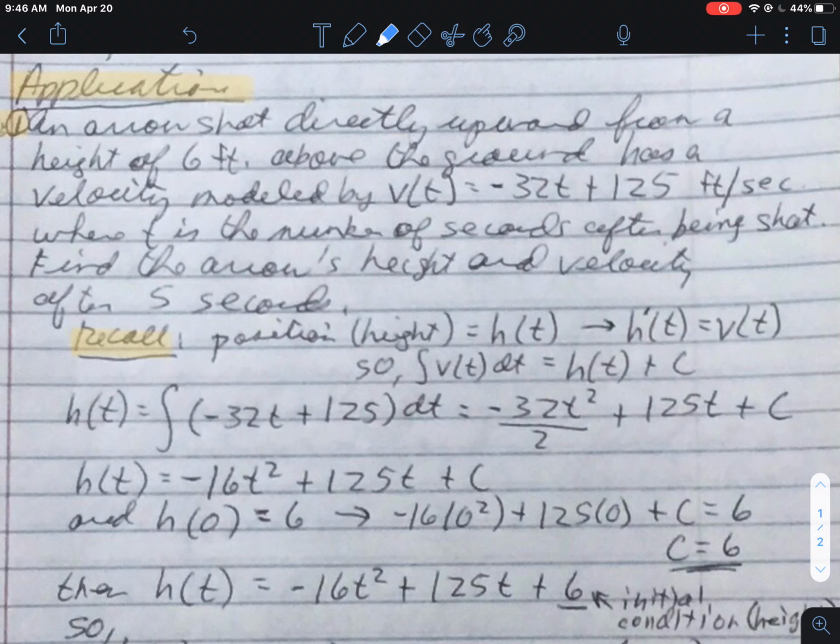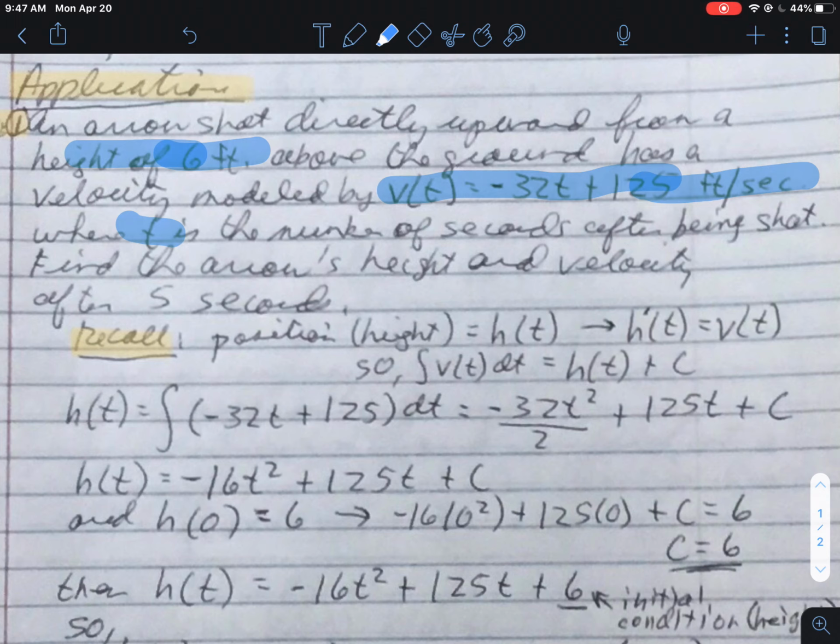So for this one, we have an arrow that's shot directly upward from a height of 6 feet above the ground, and has a velocity modeled by the function v of t equals negative 32t plus 125 feet per second, where t is the number of seconds after the arrow was shot.